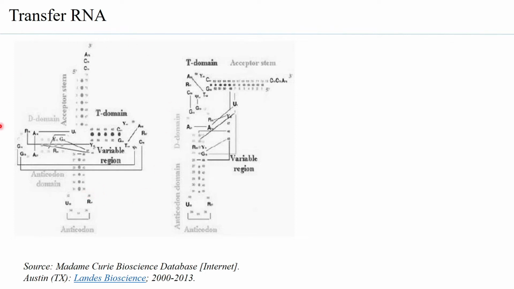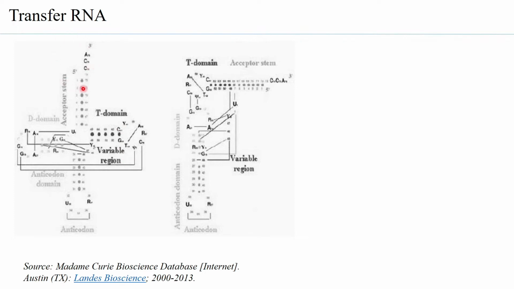Within this structure, what is observed is that certain bases or nucleotides are conserved or semi-conserved. So you will always find these nucleotides at those positions, and therefore they have an important role in interacting with other molecules and also within the molecule itself.